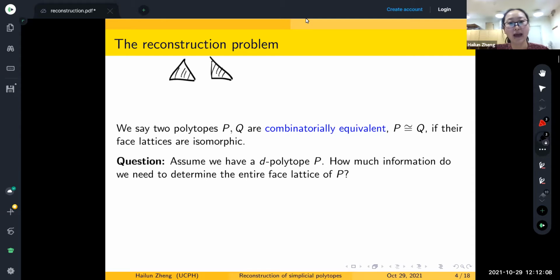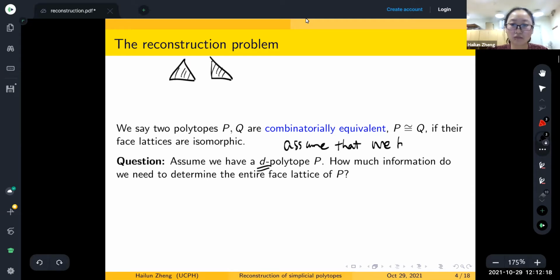So now we have the major question for this talk. Let's say that I have a D-polytope P. I want to emphasize that we assume that we know the dimension. So basically, you know that you have a polytope.